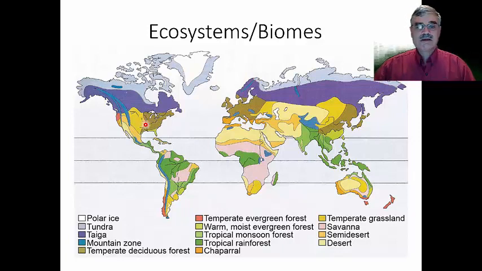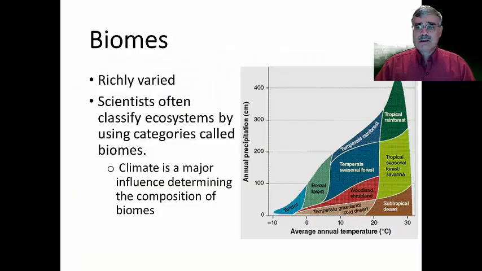We live in an area that is described as a temperate deciduous forest, deciduous meaning those trees that drop their leaves over the winter. And you can see other biomes such as deserts and savannas and chaparrals and rainforests. So that's what we mean by a biome.